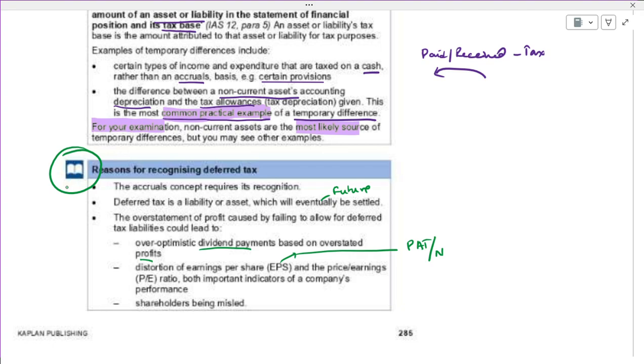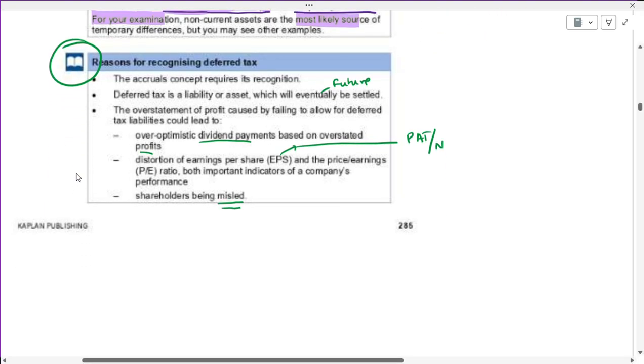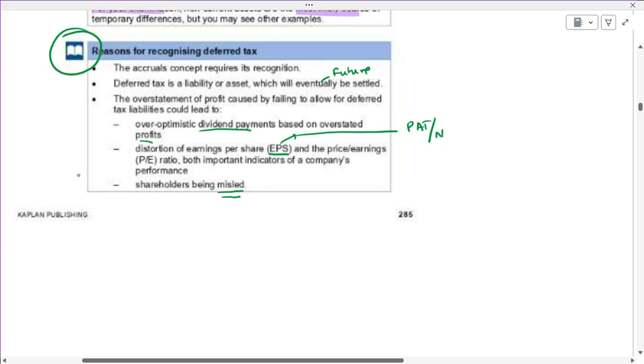Both are important indicators of performance, so shareholders may be misled. If you miscalculate the taxation, two things are affected: the dividend and the earnings per share, because both depend on the profit after taxes, the amount available for shareholders.